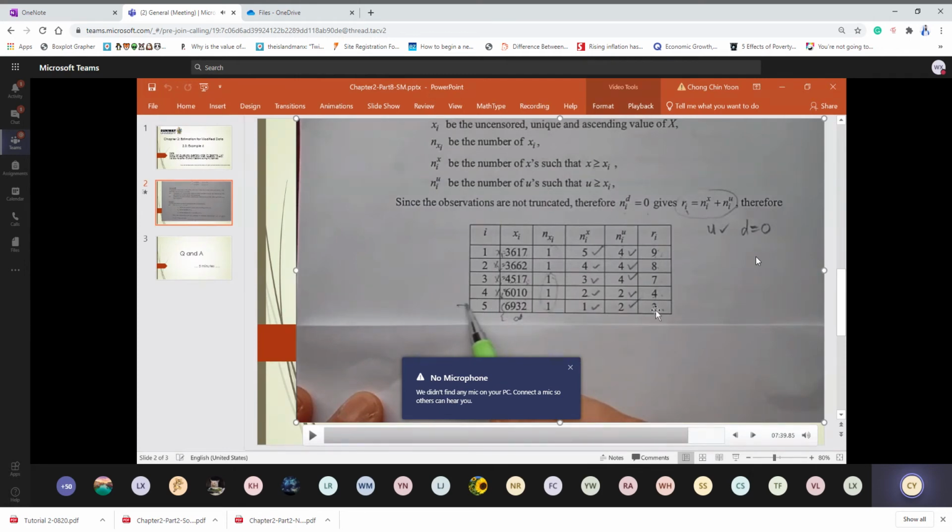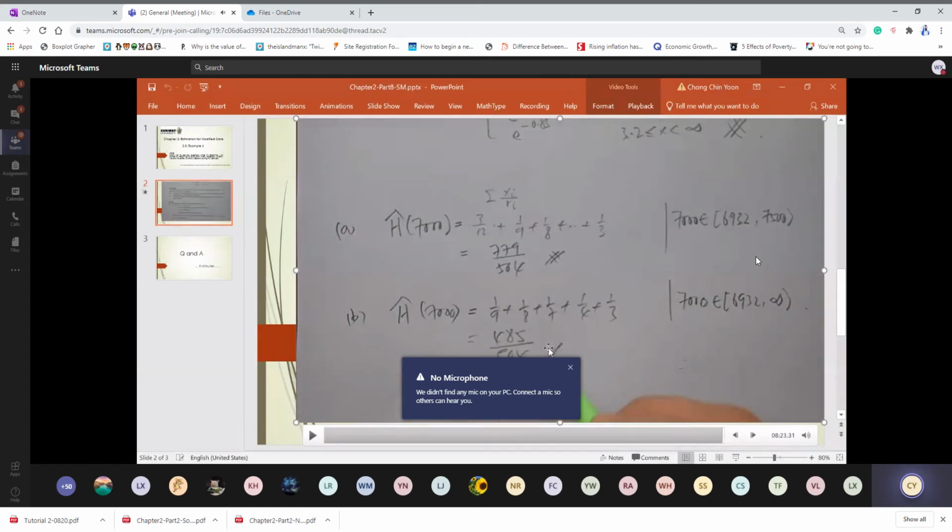That means you have to consider all the risk set. Then you can calculate by taking this sum. The Nelson-Aalen is to sum up. For the Kaplan-Meier, you need to multiply. You have to look at the piecewise function carefully. Do not simply say this is a sum, you plus. So this is example 6, I think.